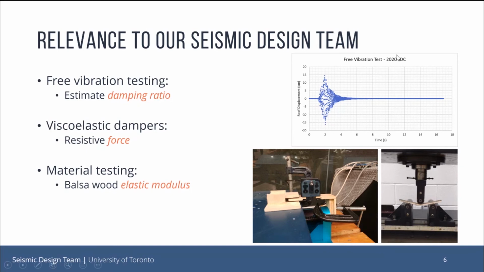And the images on the right correspond to each one of these 3 items. The first one is a free vibration test of roof displacement versus time. The next one is the viscoelastic damper setup. And this is an example of a 3-point bending test that is commonly used to find what this elastic modulus is.